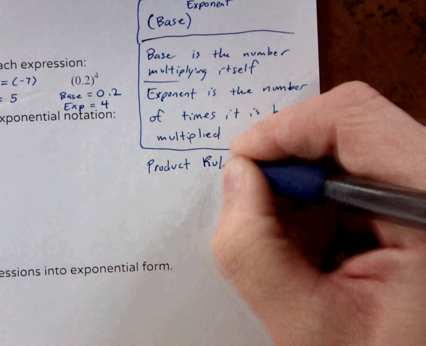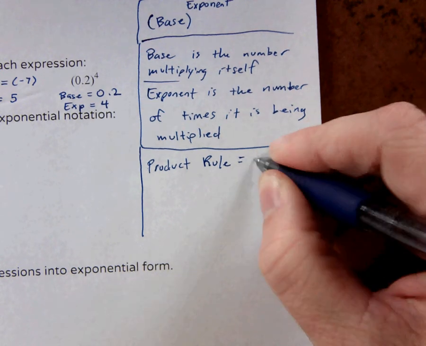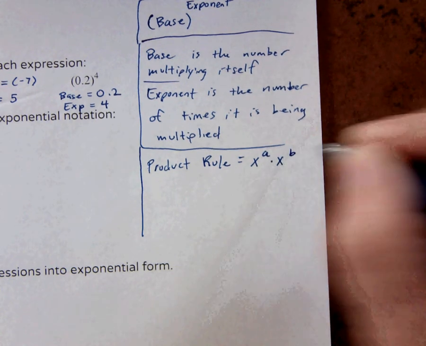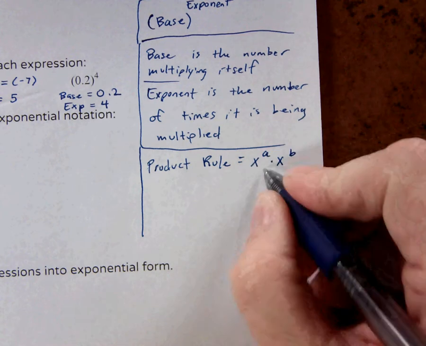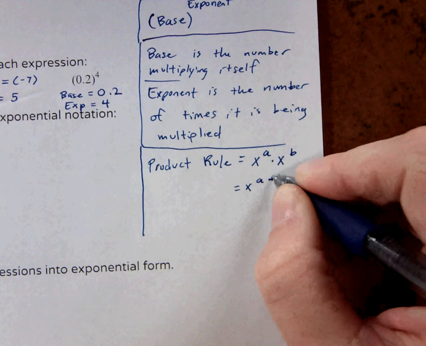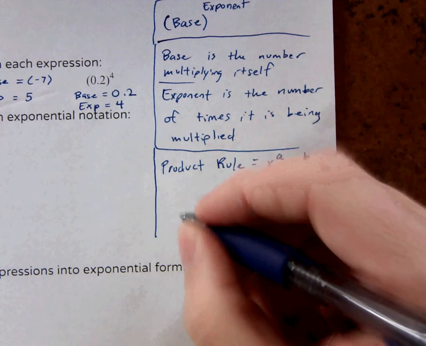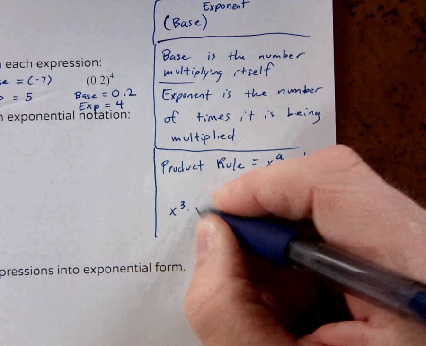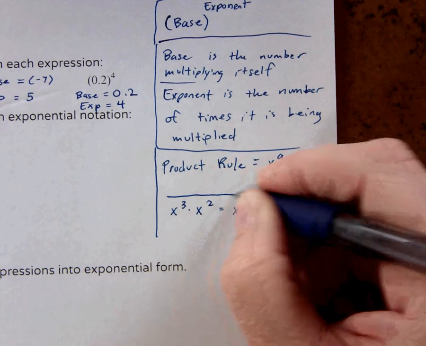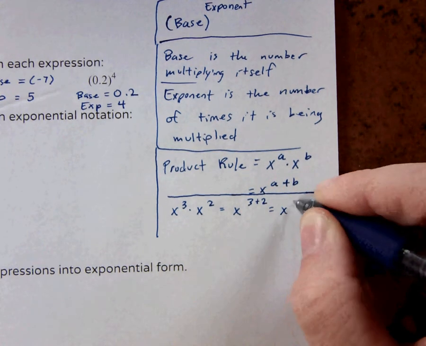If you take any base x with exponents a and b, x to the a times x to the b is always the same as x to the a plus b. For example, x cubed times x squared is equal to x to the power of 3 plus 2, which is x to the power of 5.